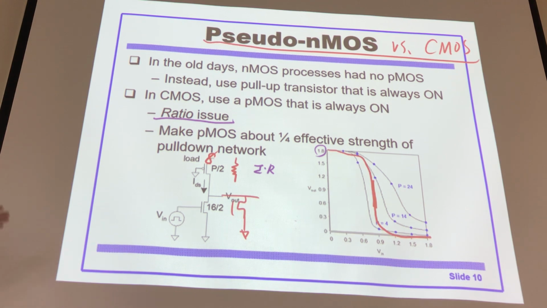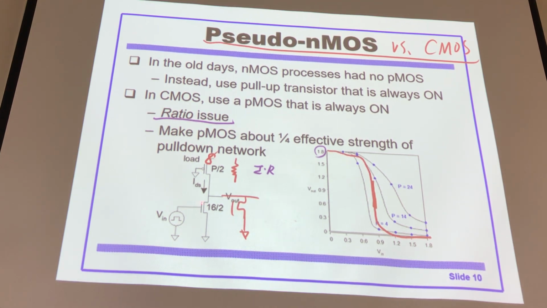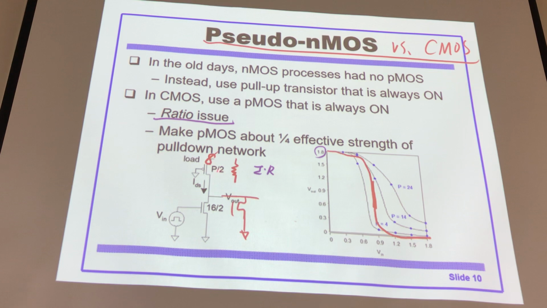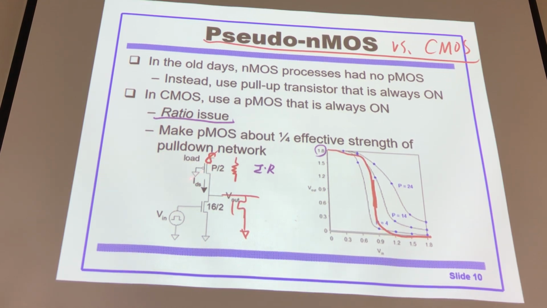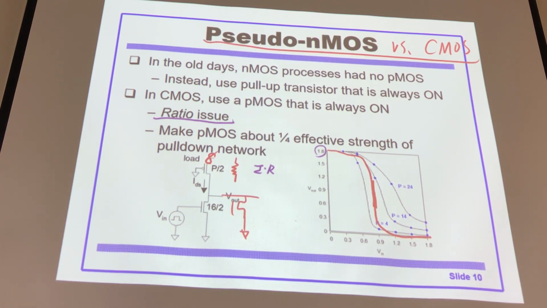But for a compound gate or for a 3-input NAND gate, NOR gate, this kind of thing, you're going to have the same pull-down network as the steady state mode. But for the pull-up network, you need only one PMOS transistor. We still need 3 or even more transistors in the pull-up network for steady state mode.